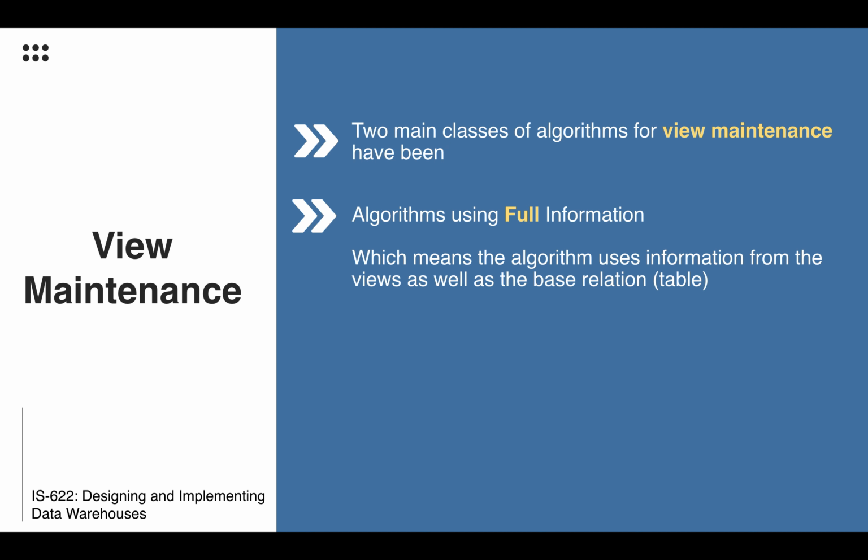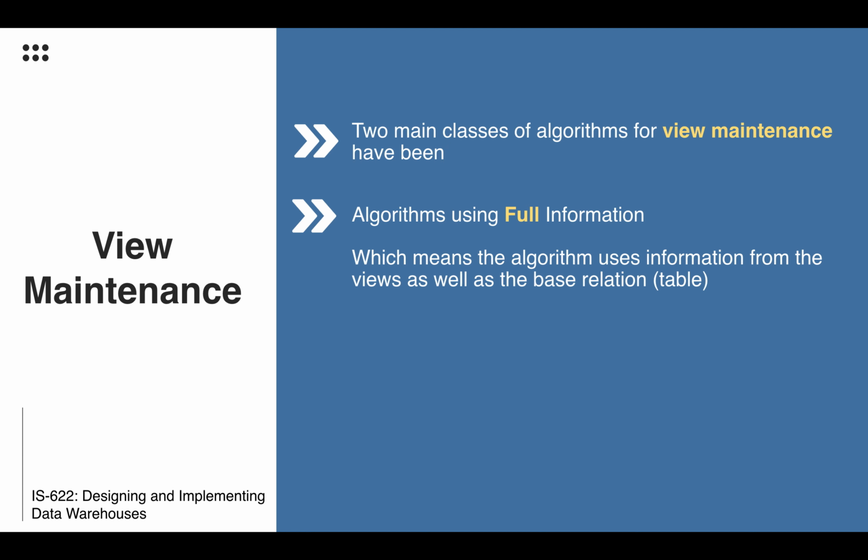Whenever I have to do this, the algorithm is using full information, and it is very bad because you have to go back and search the base table. Whenever you are trying to maintain the view, you should not go and touch the base table. Otherwise, there is no benefit of creating the view, right? So we try to avoid it as much as possible.